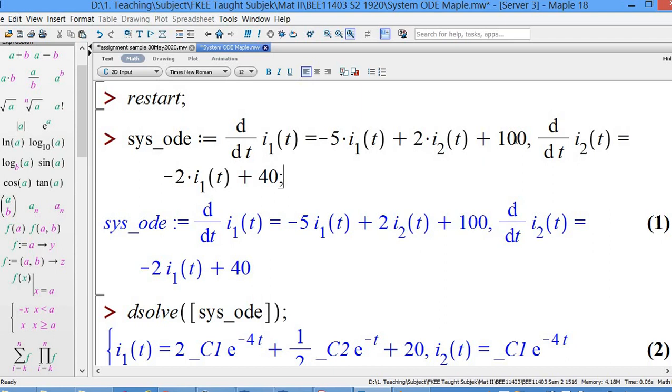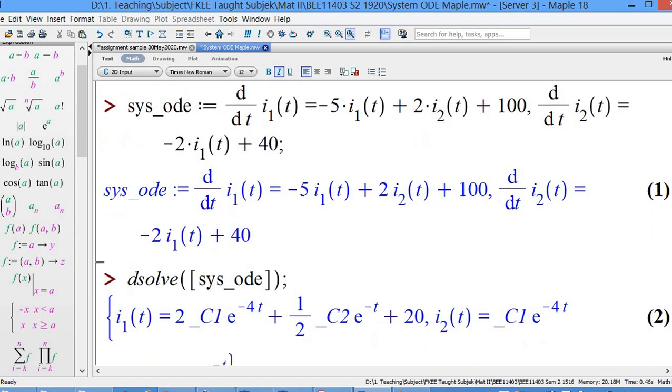This is the first equation. Second equation is dt I2t equal to negative 2 I1t plus 40. So you have two first order differential equations. It becomes the system of ODE.